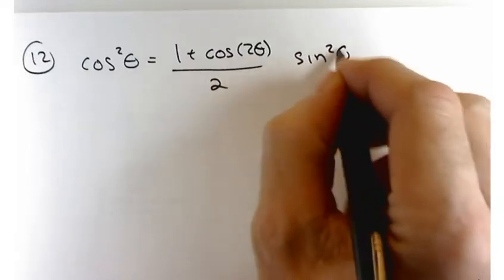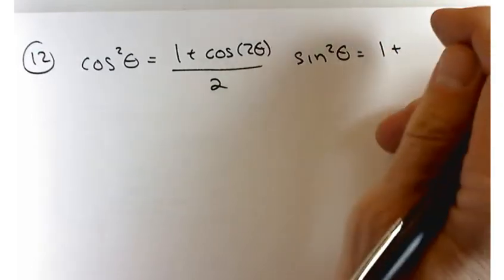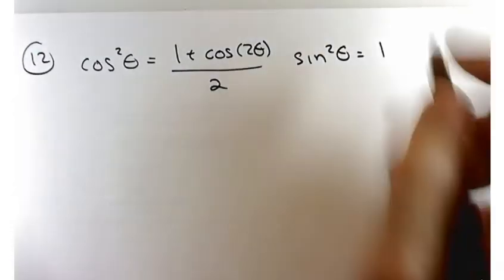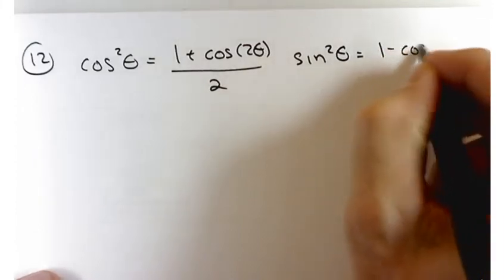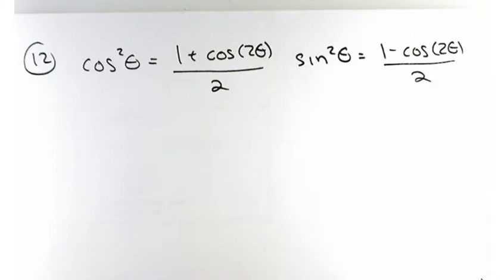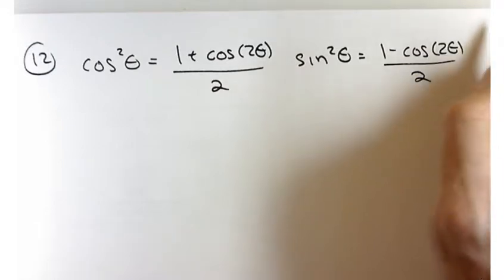And sine squared of theta equals 1 minus cosine of 2 theta over 2. I'm not sure it's really worth the time to try and show you where these formulas come from. Let's just use them and practice with them.